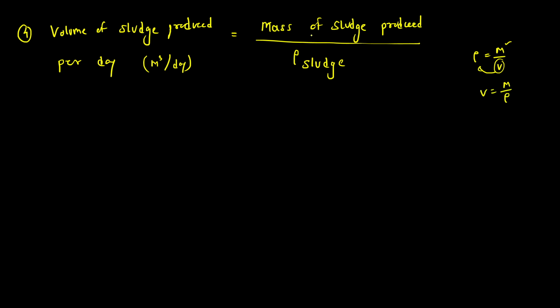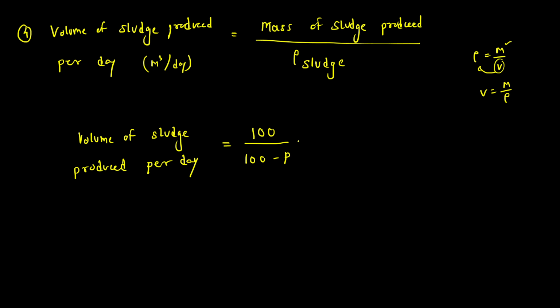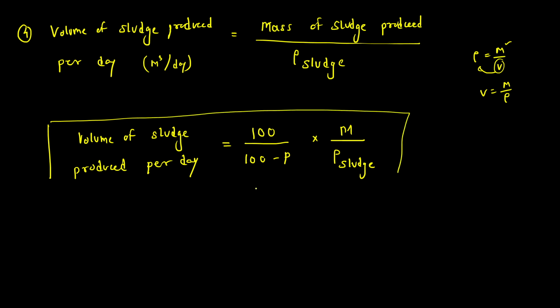So same thing we are writing it here: volume of sludge produced per day is equal to 100 by 100 minus P into M divided by density of sludge, or mass density of sludge to be accurate. So this is the formula for volume of sludge produced per day.